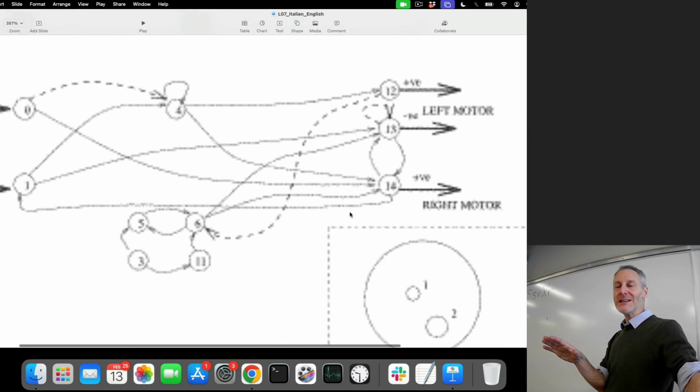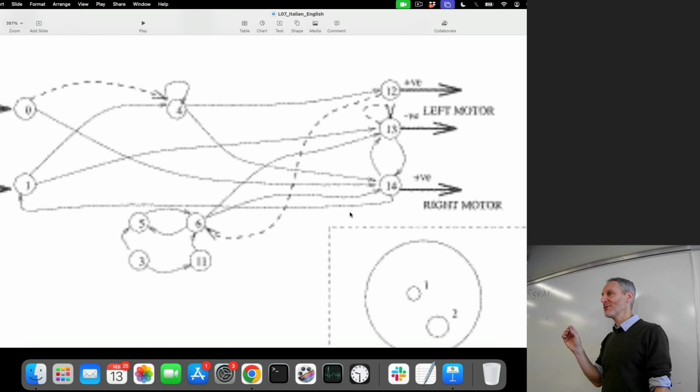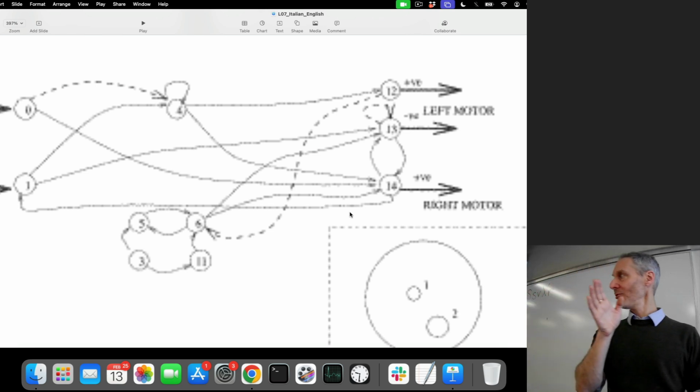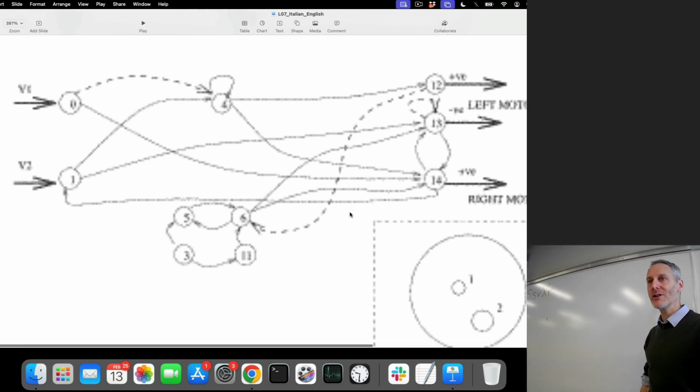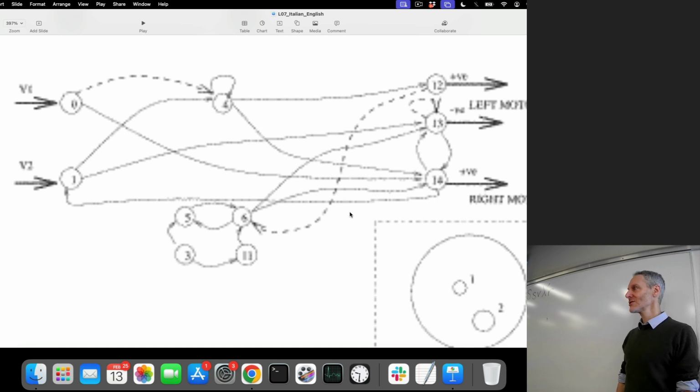The robot needs to know those time intervals in order to know, am I looking at the triangle or am I looking at the rectangle? How does this robot know the time intervals? What does this neural network need to be capable of in order to know about time intervals?